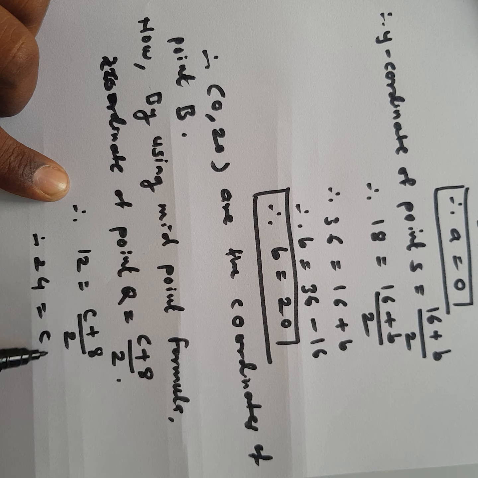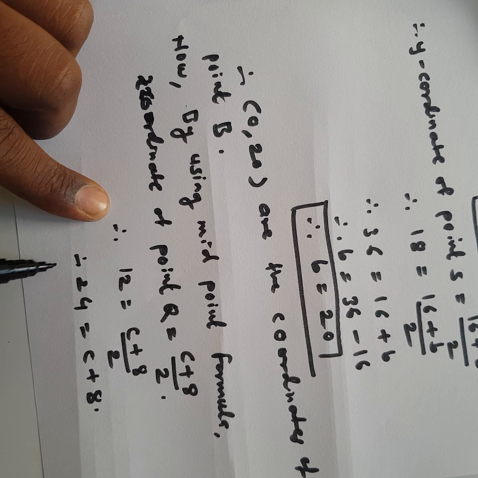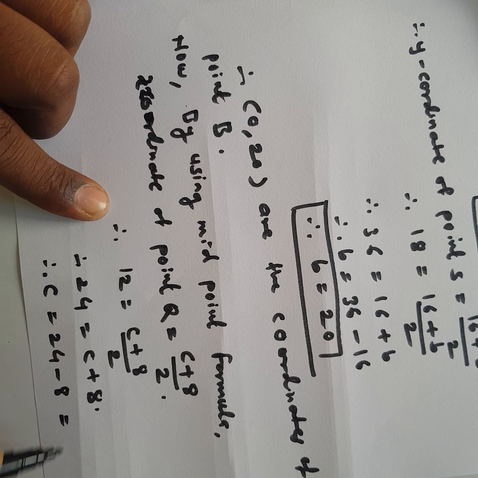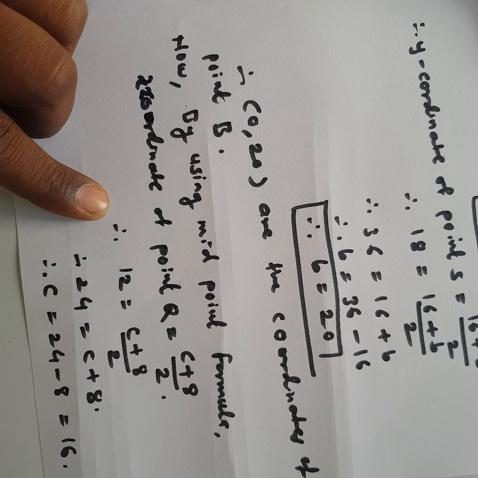24 is equal to C plus 8. Therefore C is equal to 24 minus 8 is equal to 16.